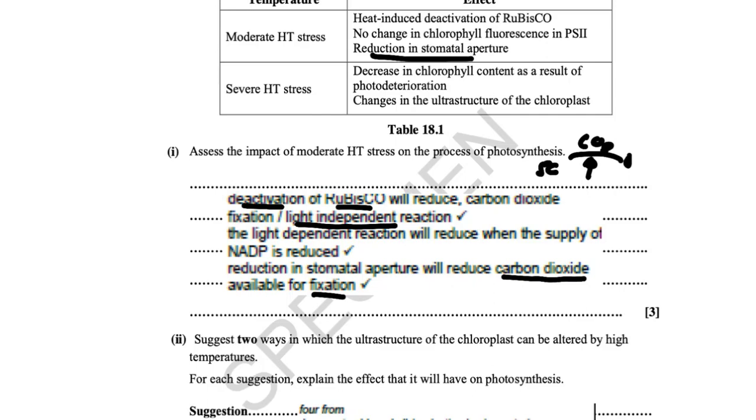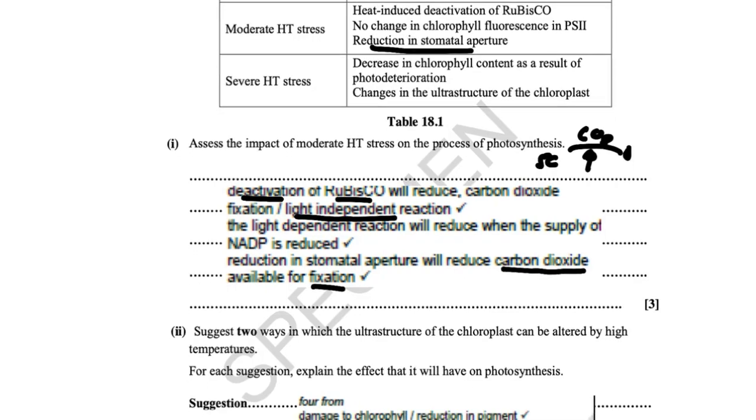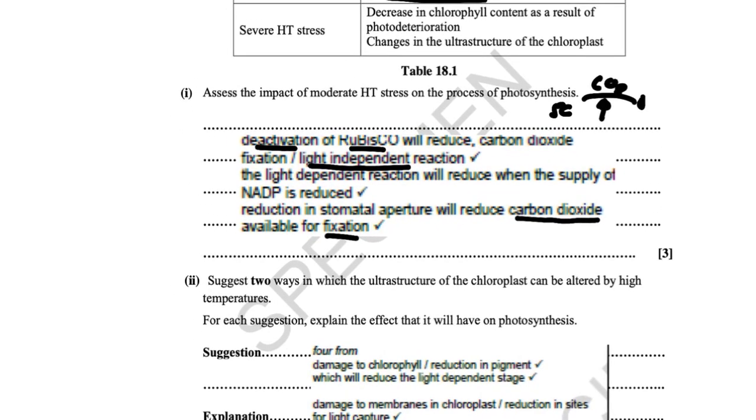So the key to this was to link the stress effects, the high heat stress effects, to the theory of the Calvin cycle and photosynthesis. Okay, suggest 2 ways in which the ultrastructure of the chloroplast can be altered by high temperatures.